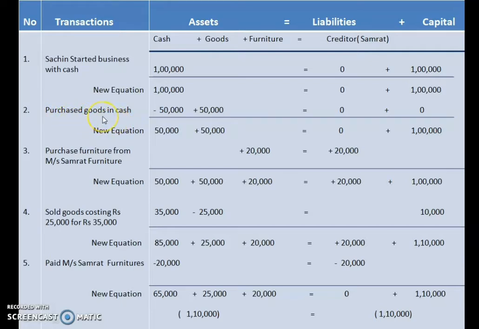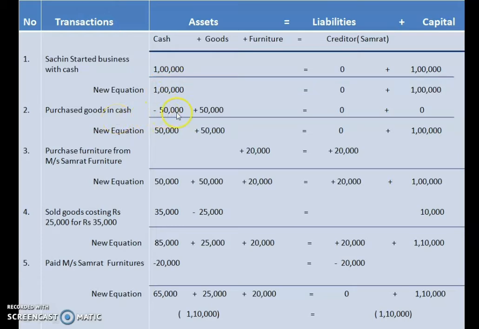So when you purchase goods, you have to spend money for purchasing those goods. So whenever there is a case of cash purchase, you subtract from cash. So you're having a cash balance of 1 lakh. Now you subtract from this 1 lakh 50,000 for the purchase of these goods.